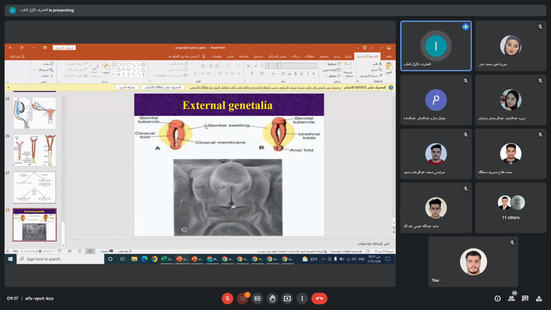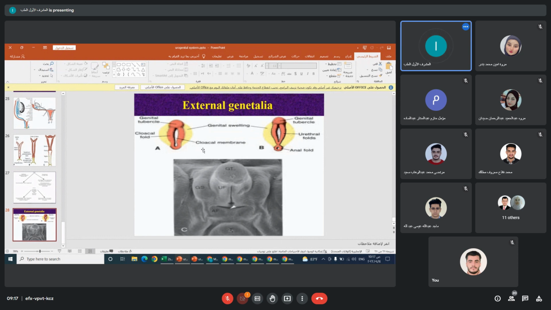So in the indifferent stage, what we have is the genital tubercle, the genital swelling, and the cloacal fold. The fusion of the cloacal fold cranially gives the genital tubercle. Subdivision further gives the urethral fold and anal fold. This occurs both in male and in female.